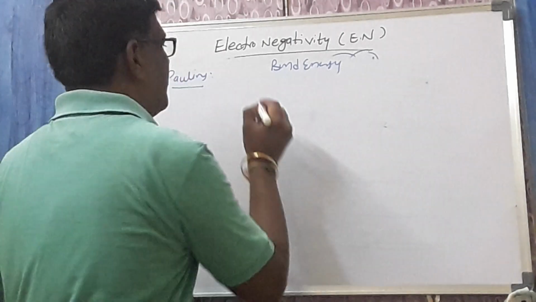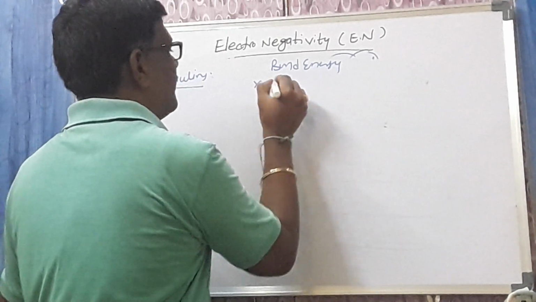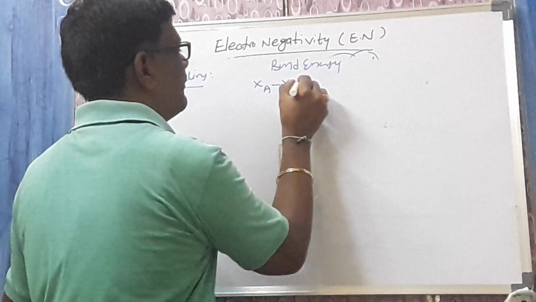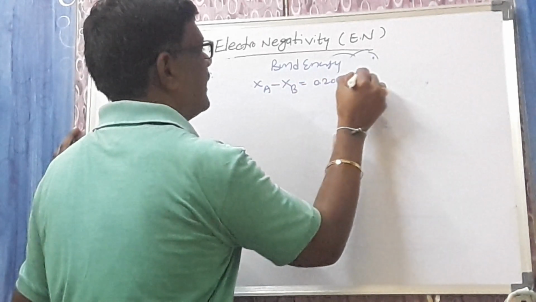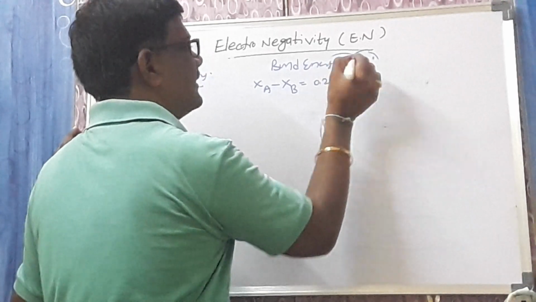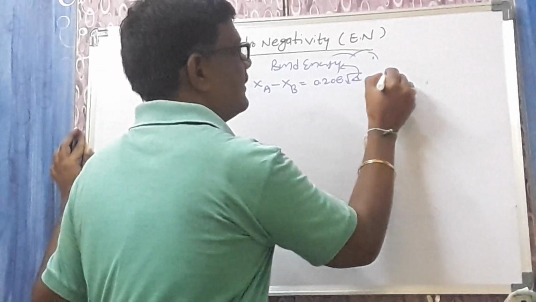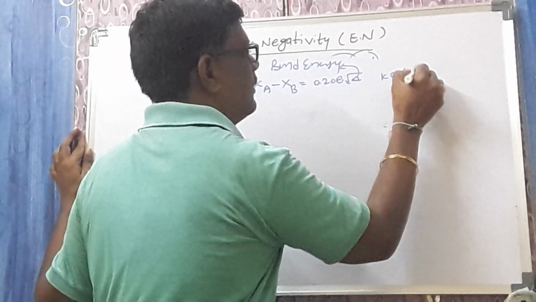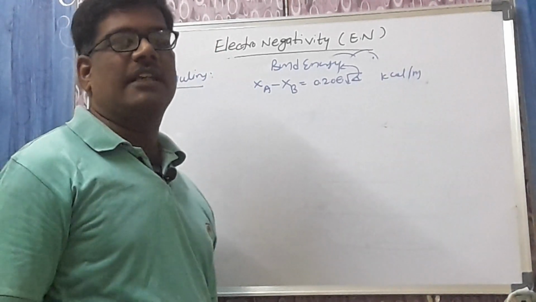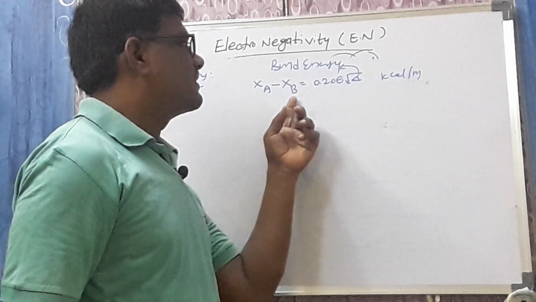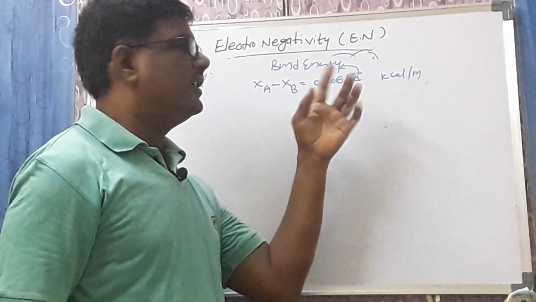I am taking the equation according to Pauling: XA minus XB is equal to 0.208 into root delta, where delta is the bond energy, and the delta value is in kilocalories per mole. Whenever delta is given in kilocalories per mole, the Pauling equation is XA minus XB equals 0.208 root delta.